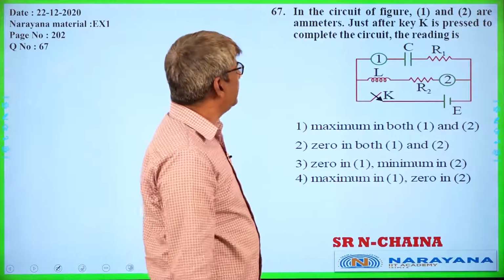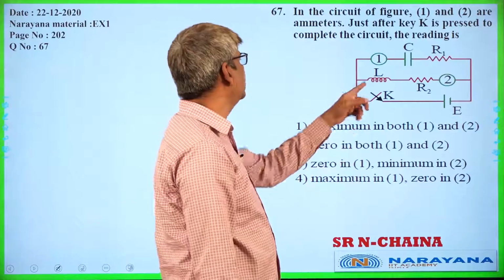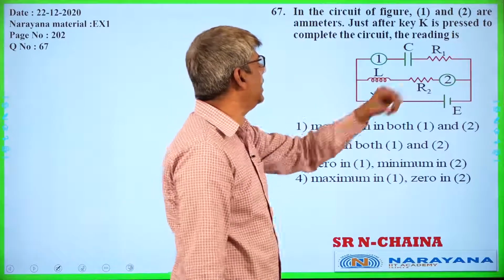In the circuit of figures 1 and 2, there are ammeters. This is the first ammeter, this is the second ammeter.